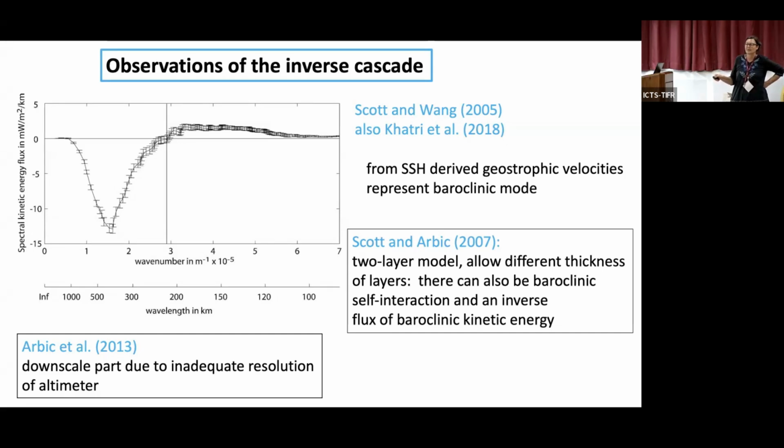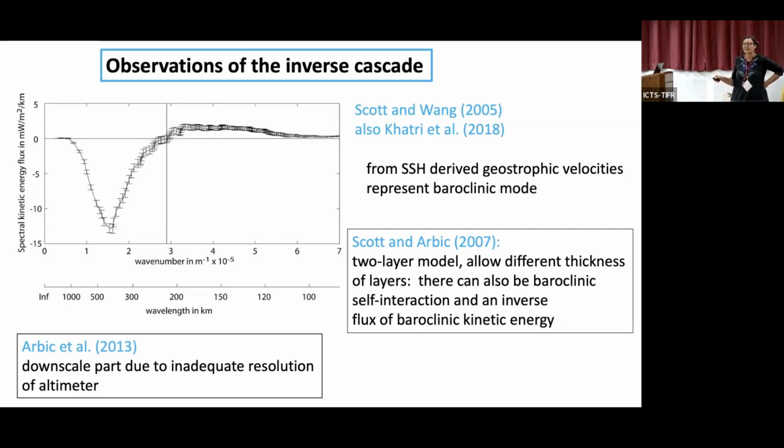So this is usually diagnosed using geostrophic velocities that are diagnosed from SSH gradients. There has been some argument that since the SSH actually represents the baroclinic mode, you maybe shouldn't see an inverse cascade going in the baroclinic mode.